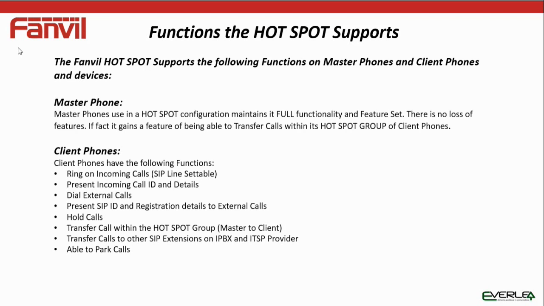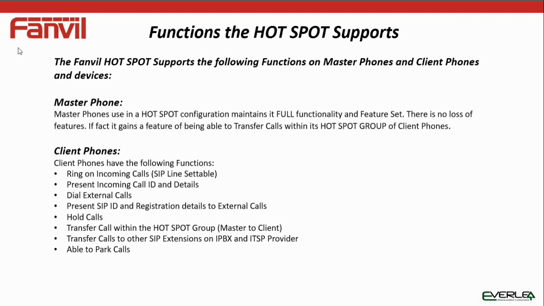So if I pick up any of the phones and want to ring another phone within the hotspot group, I can pick it up from _2, and say I want to dial the extension _3, I just press single digit 3 and it rings that extension. If I want to dial the master phone, which is _0, I dial 0 and it goes to the phone.